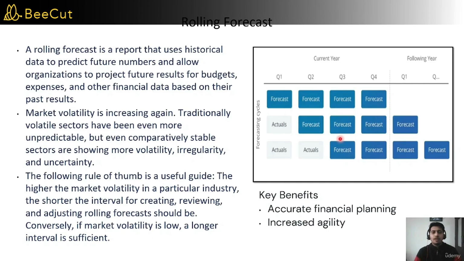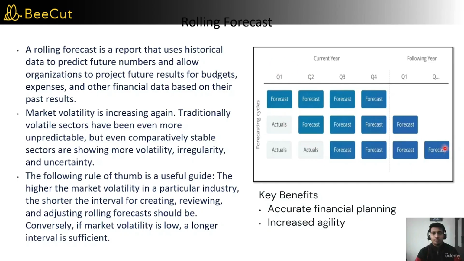But suppose you are in a faster industry, like the clothing industry, where fashion may change over a week because of a new movie launch or a new trend in the market. You may need a faster rolling forecast, maybe a monthly review. Depending upon how fast your industry is, you choose how frequently you want to review it.